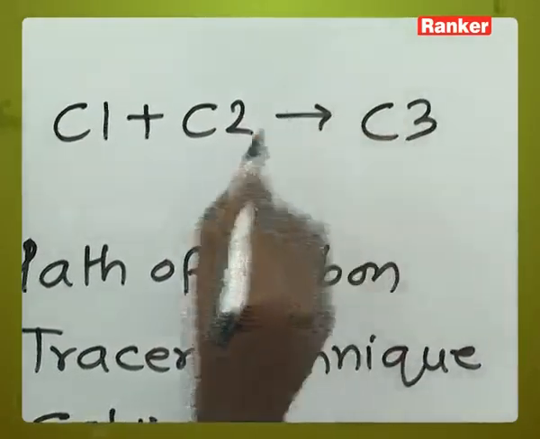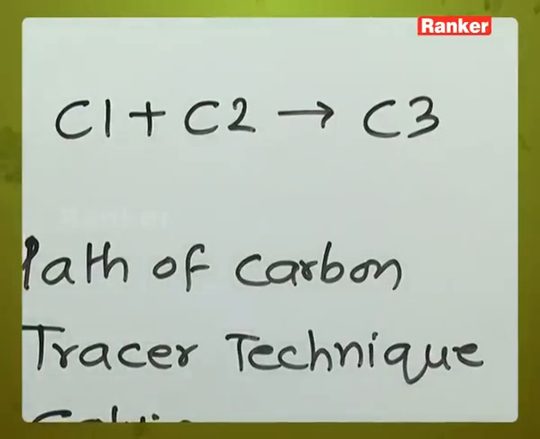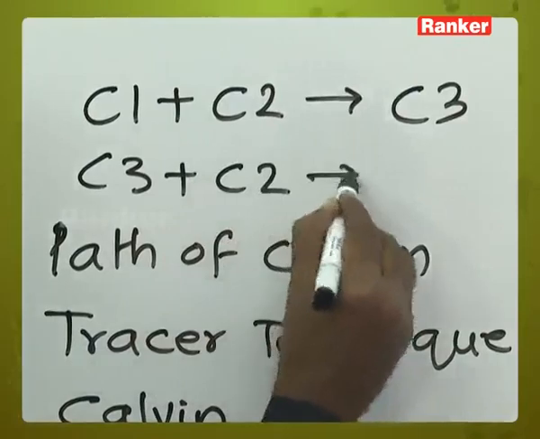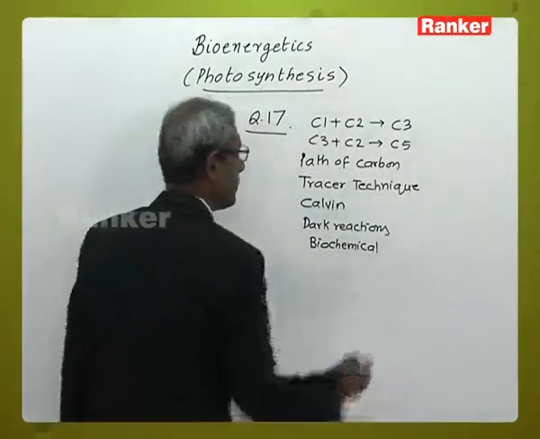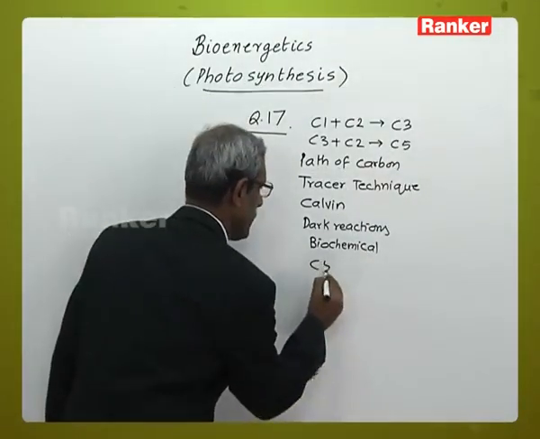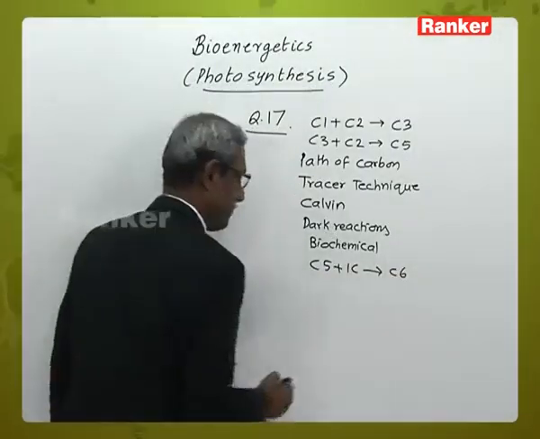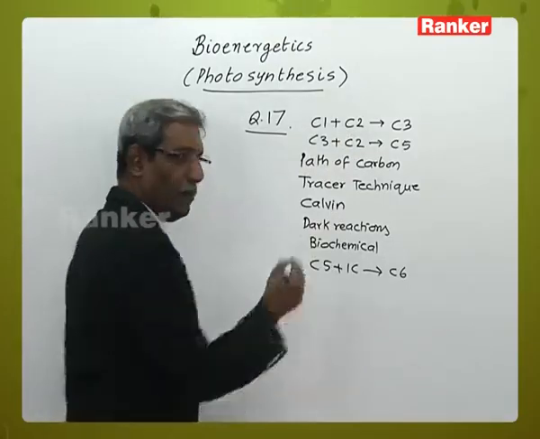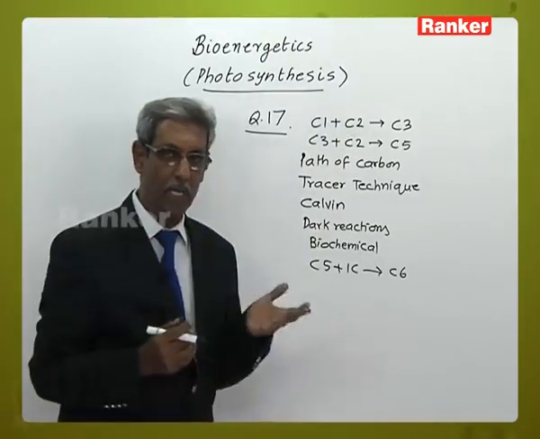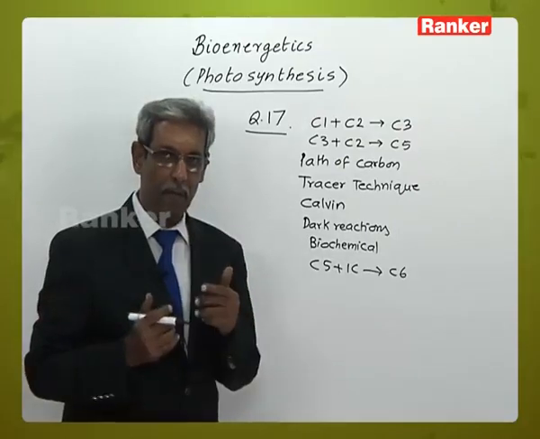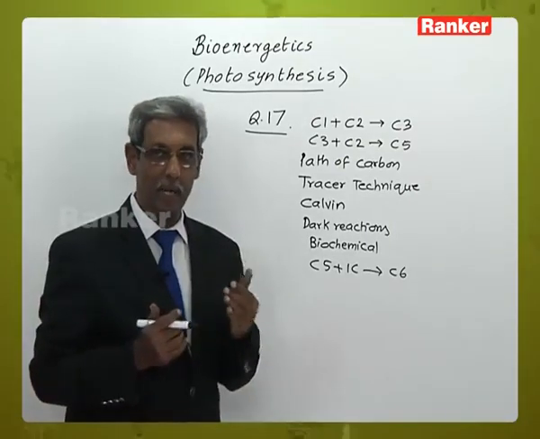A triose can in turn combine with 2 more carbons to form a pentose compound. A pentose compound can combine with a single carbon and form a hexose sugar. So, if we want to know exactly which compound is getting formed, we need to trace it out.